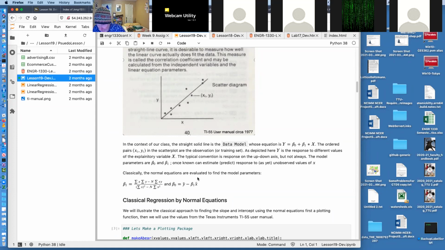So classically, in old school statistics class, we would introduce things called normal equations and find the model parameters by solving a set of normal equations where beta 1 is equal to the sum of all the x's in the observations times the sum of all the y's in the observations minus how many things there are, n, times the sum of the product of each x and each y, divided by the sum of all the x's, quantity squared, minus how many things there are, n, times the sum of the x squares.